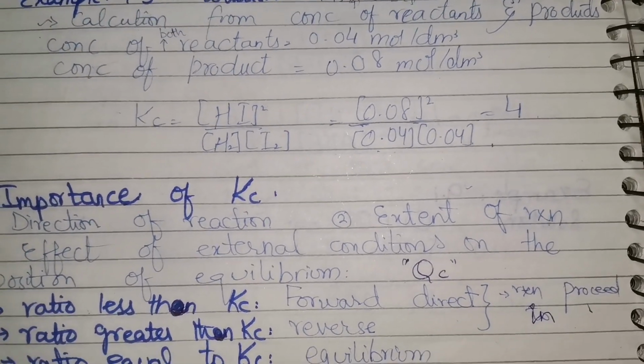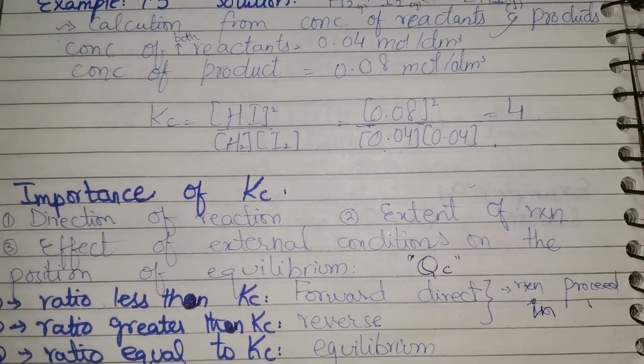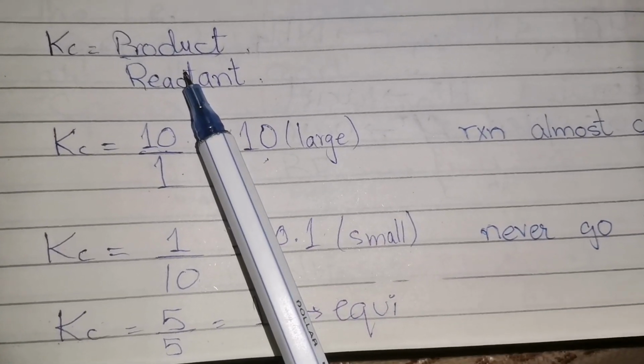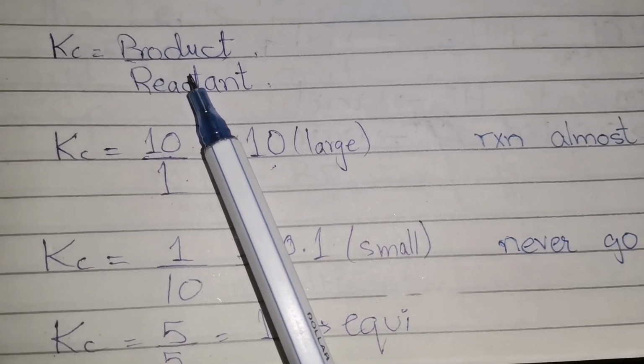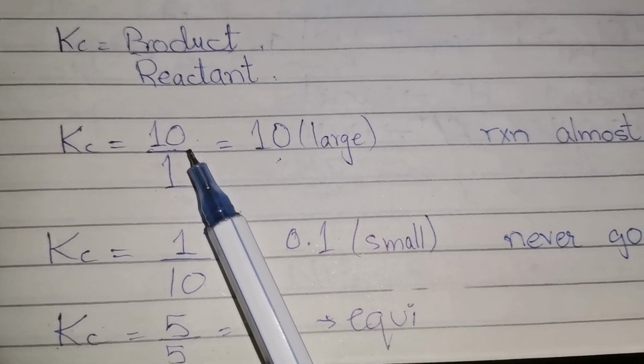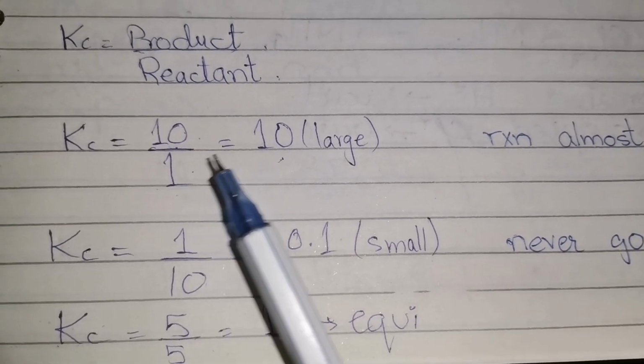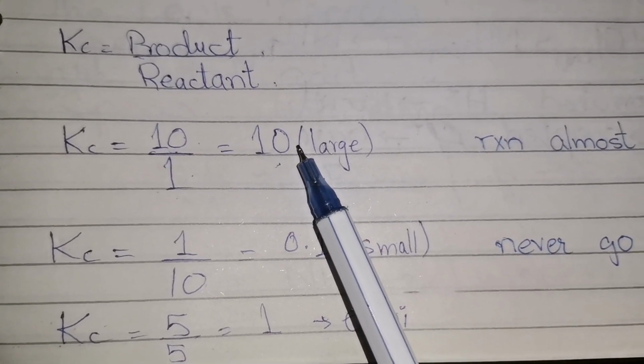Now coming to the second point, that is the extent of reaction. We all know that Kc is equal to product divided by reactant. One thing we know is that when we have a small value in the denominator, we get a large value as an answer.